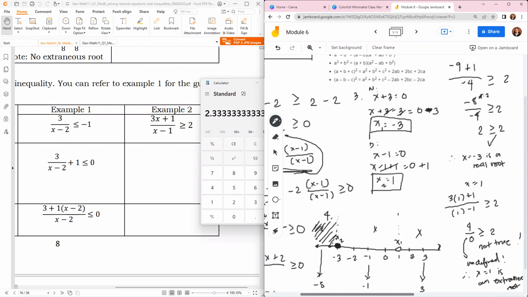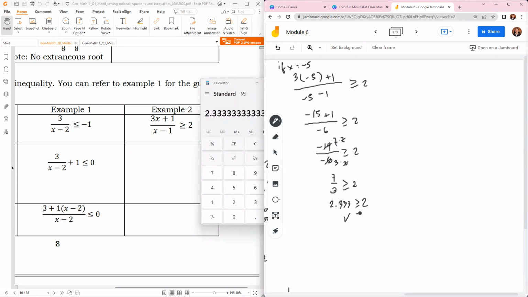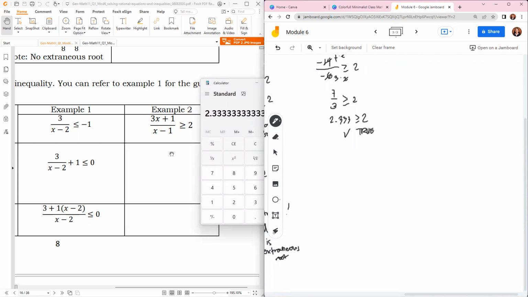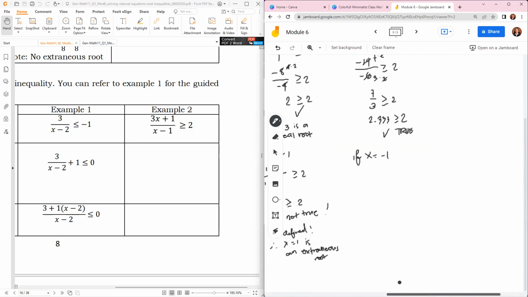So let's try daw substituting -1. If x is equal to -1, -1 man to second value na to, no? Okay. So that would be 3 times -1 plus 1 over -1 minus 1 greater than or equal to 2.